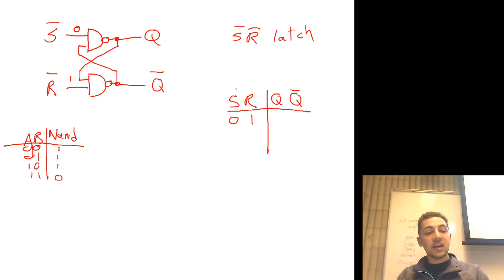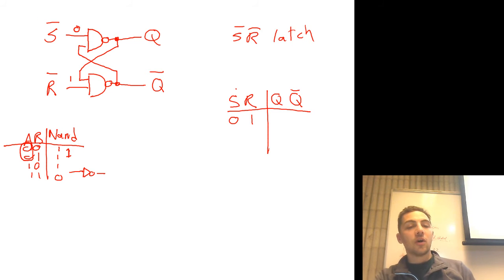So effectively, if we have a 0 input, we know that we're going to have a 1 output. If we have a 1, we're going to see an inverter. So where I see a 0 here, I automatically know that my output will be 1.